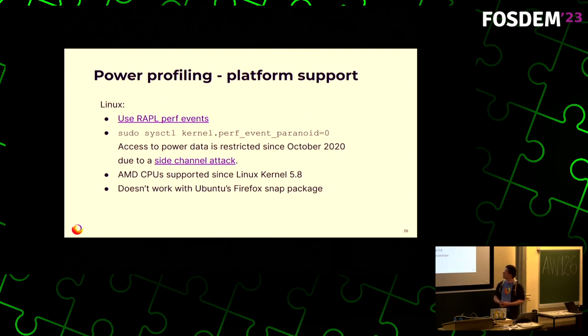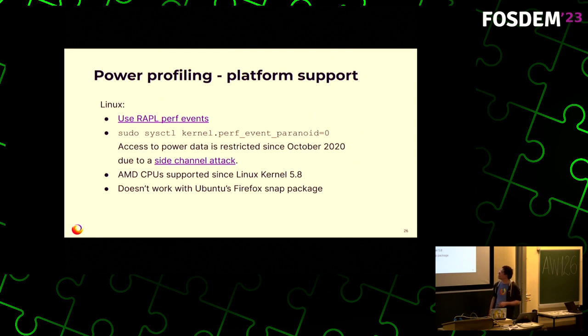The way they addressed it was to restrict the access. So you need to run this before starting power profiling. It's actually the same command that you need to run Linux perf, to profile in general on Linux. So it's probably fine, as long as it's just this, and I don't require Firefox to be run as root, I think it's okay.